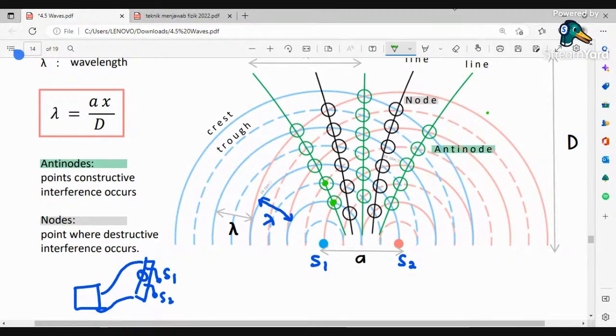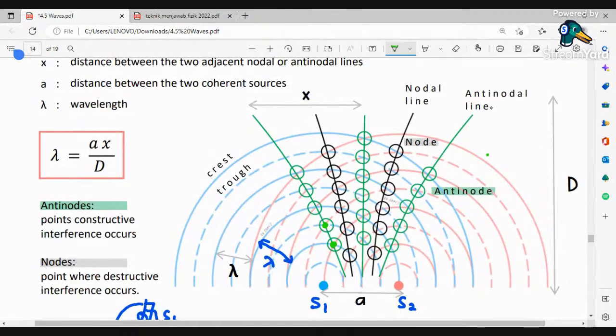Trough, mid trough. So all these points represent constructive interference. The points here we call antinodes. If you draw a line to join the antinodes, we call it the antinodal line, the green color.